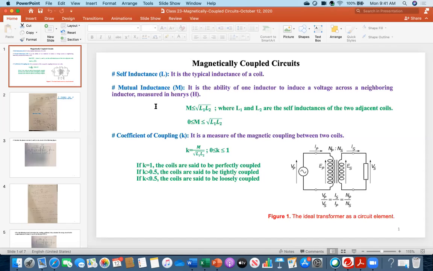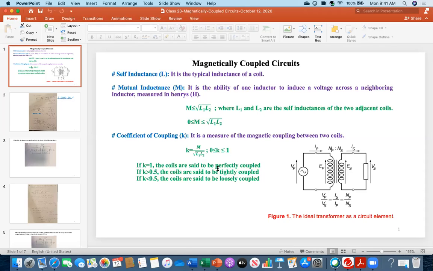What is the amount of bonding or coupling of mutual inductance between this coil and that coil? That is called the coefficient of coupling K. So what is the definition? K is M over root over L1 L2. Because M is less than or equal to root over L1 L2, the ratio of M over root over L1 L2 is called the coefficient of coupling. And this is the range of K, between 0 and 1.